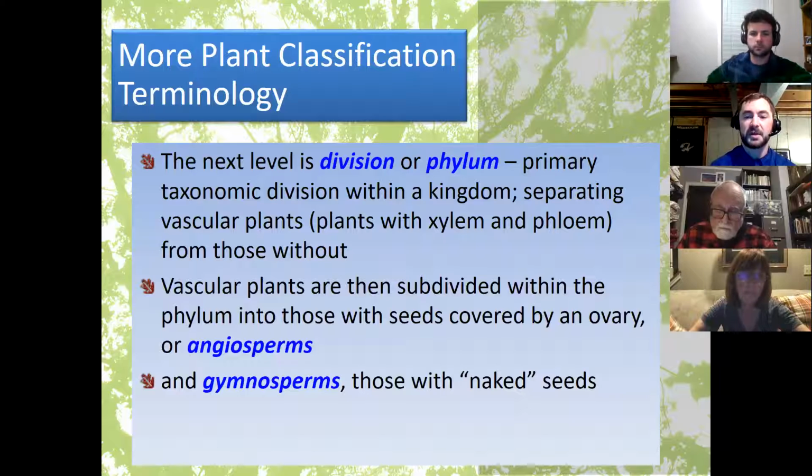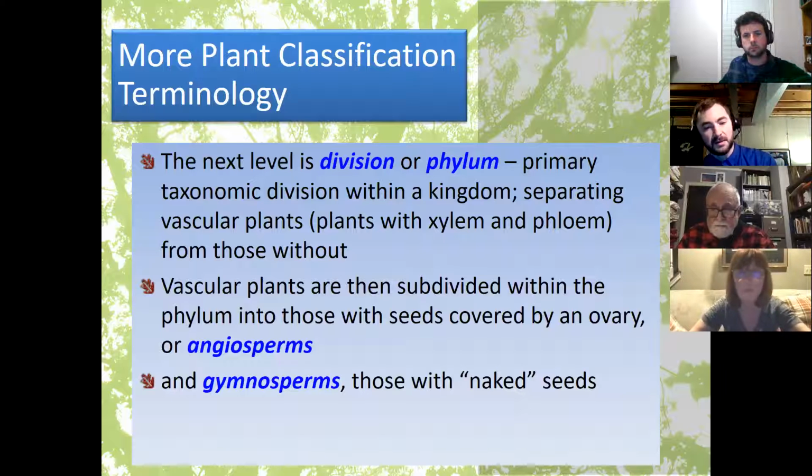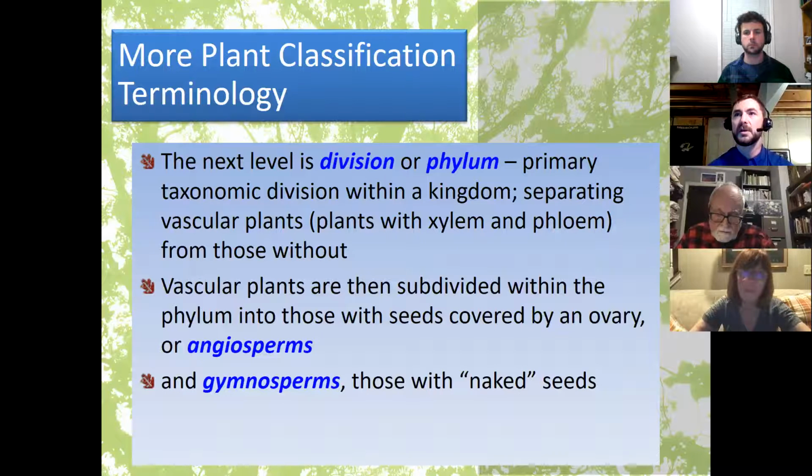Now, if you think of a tree you might see in everyday life that is a gymnosperm, or naked seed, if you stop to think about what that would mean, it's seeds that would just fall to the ground with no coating on them. You can kind of reason out that we're talking about evergreens or conifers, cone-bearing species. So that's where you can start to separate out.